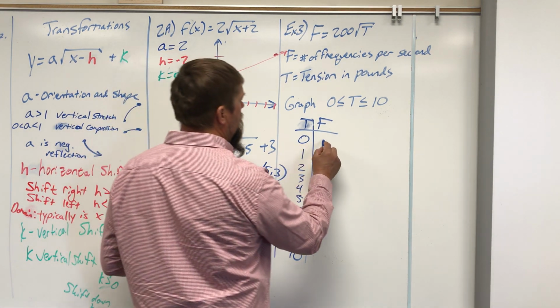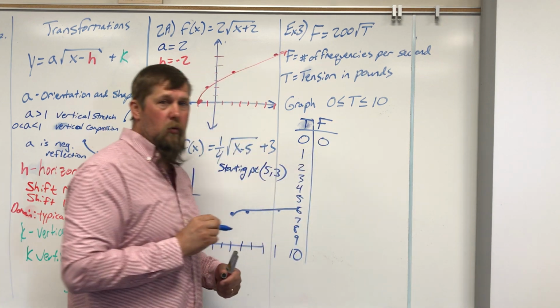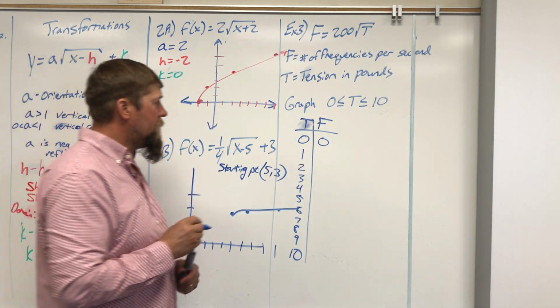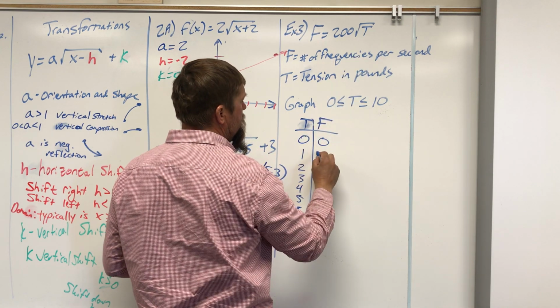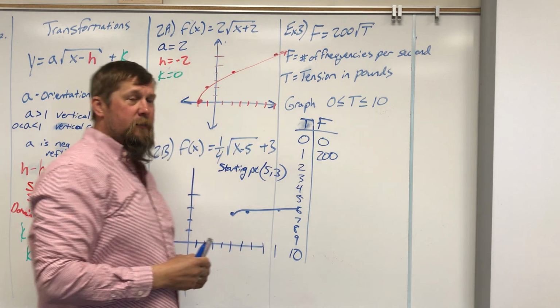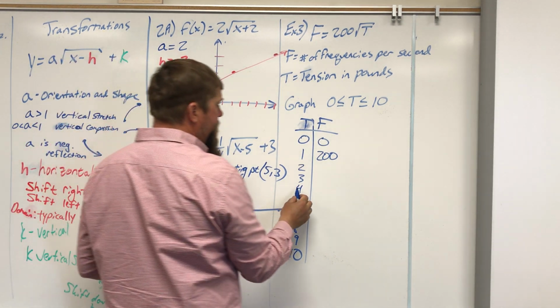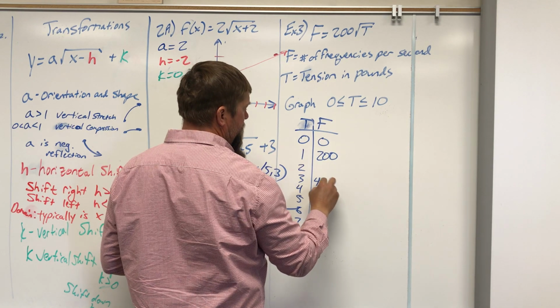If I put in 0, there's 0 tension. Obviously, there's going to be 0 vibrations. If I put in 1 pound of tension, it's 200 vibrations because the square root of 1 is 1 times 200. For 4, the square root of 4 is 2. 2 times 200 is 400 vibrations.